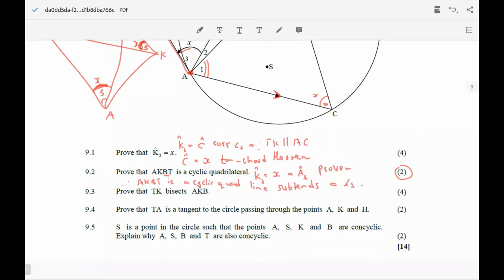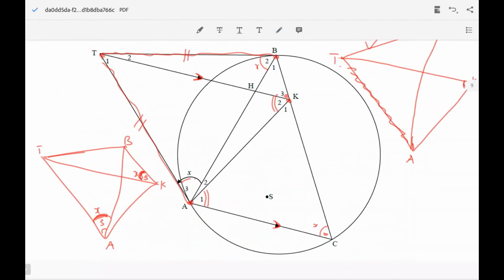Now prove that KT bisects angle AKB. That's the angle. So we need to prove that this TK subtends the angle. In other words, we need to prove that angle K3 equals angle K2.